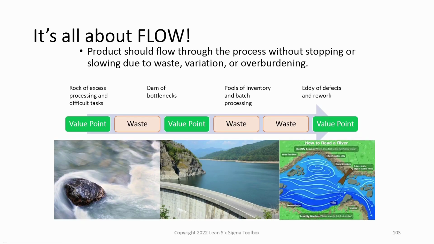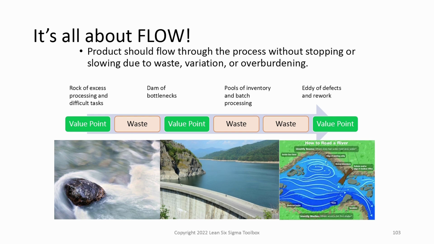If you think of flow as a river coming down the hill from the top of the mountain, as it's flowing, it's picking up speed, there's more value being added, but then along the way, some things get in the way of the river. There's some rocks of excess processing and difficult tasks that slow the river down. There maybe is a dam where there's a bottleneck and all of the water, the inventory, the products are piling up behind that bottleneck.